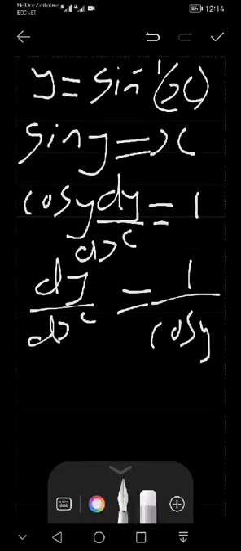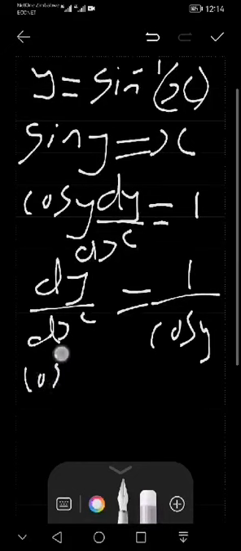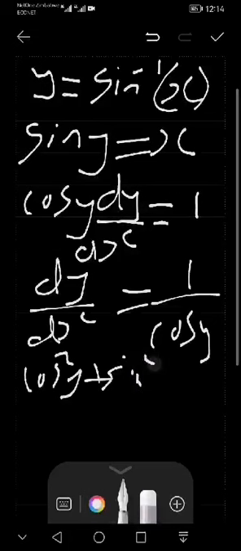Okay, so now let me just take you a little backwards. I hope you remember that cos squared y plus sine squared y equals 1. That is the mother identity of trigonometry. Cos squared y plus sine squared y equals 1, right?